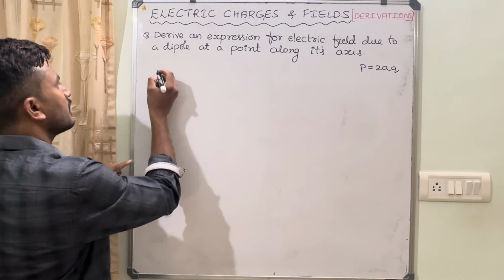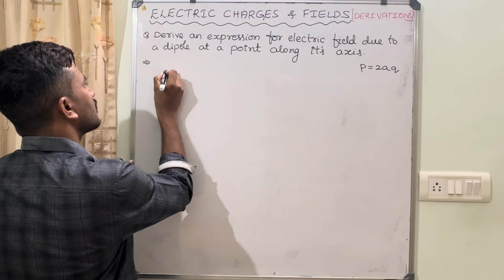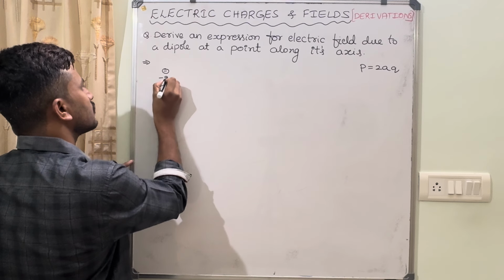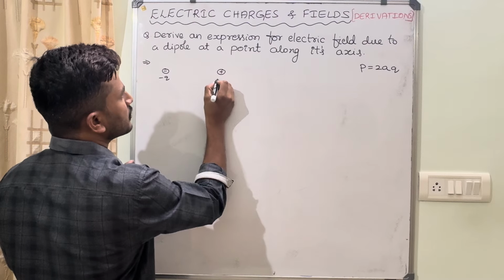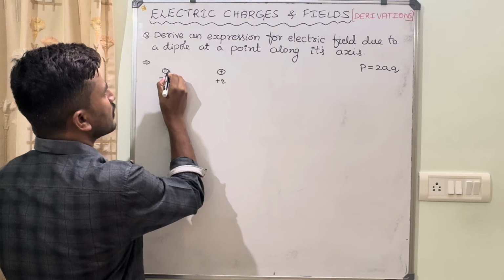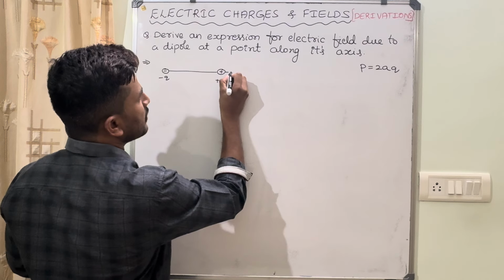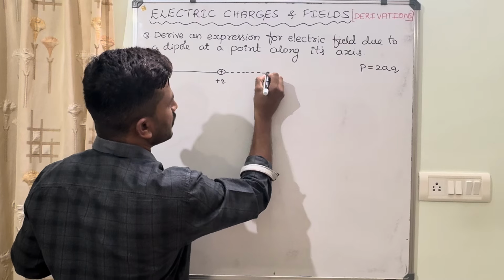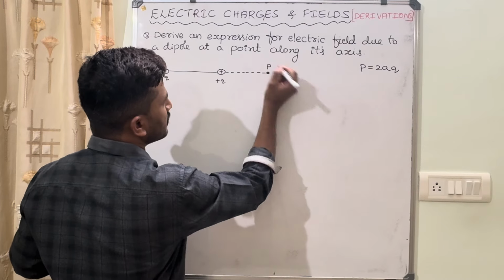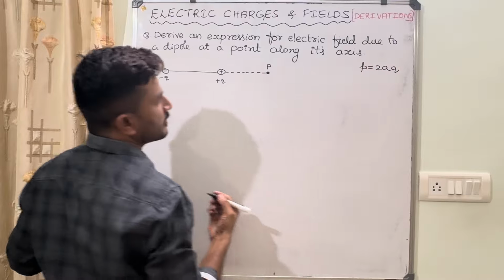So let me consider a negative charge here. From here I will derive. I will consider a negative charge here, that is minus q, and a positive charge here, that is plus q, both of them separated by distance 2a. So I will consider a point capital P. This is the small p called dipole moment.